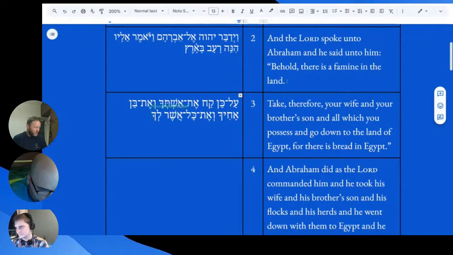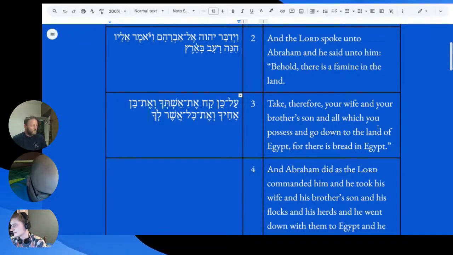That's correct, you put the shva underneath the kamatz. Oops! Now I'm over-deleting because I'm looking at the stream. ואת כל אשר לך. This would probably be in pause in the Bible, so it would be lach with a nachta. Yeah, if it's in pause, then it will be lach.